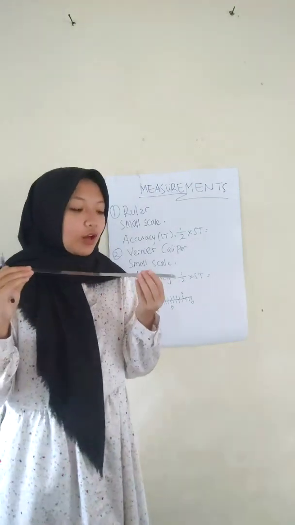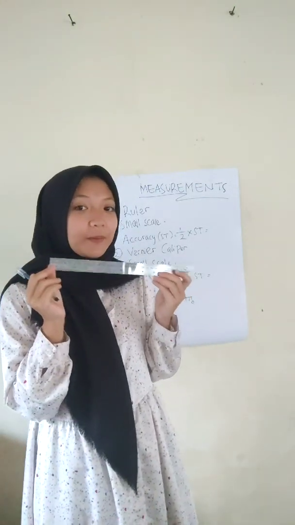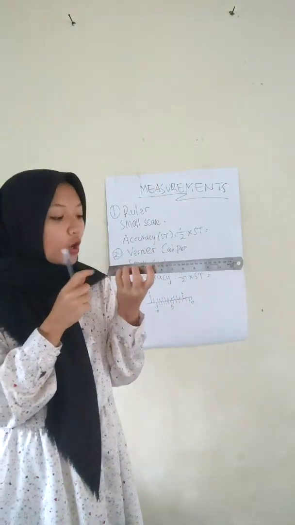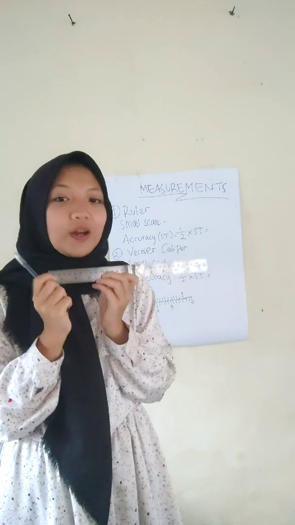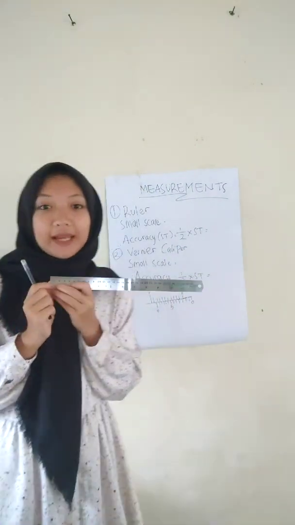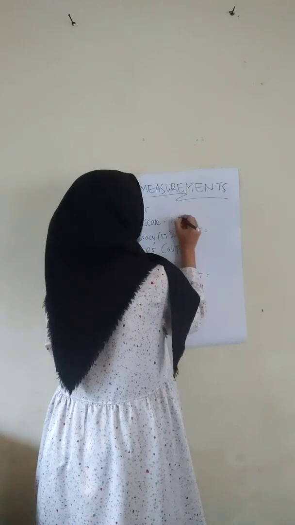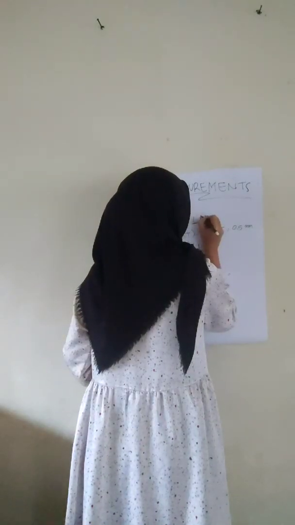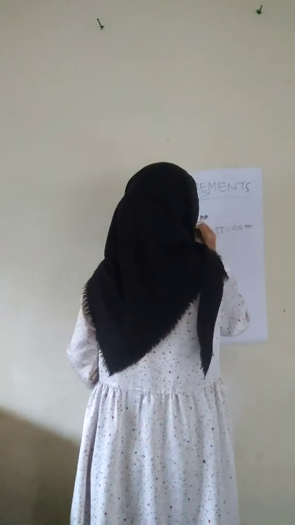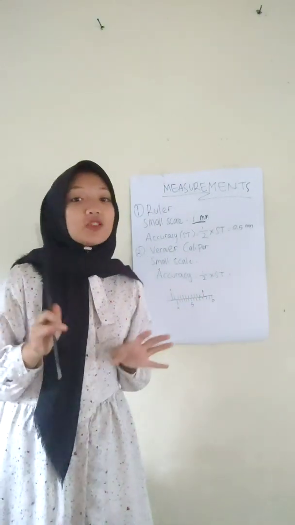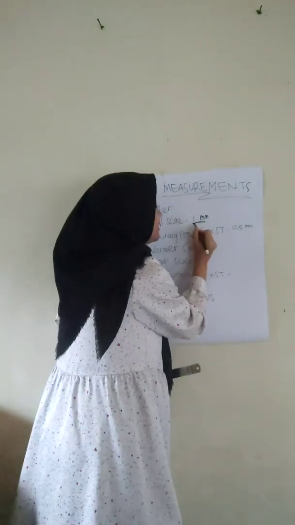Here is the ruler. When you see it, please look at what is the smallest number on your ruler. Yes, it's true that the smallest is 1 millimeter. For the ruler, the small scale is 1 millimeter.